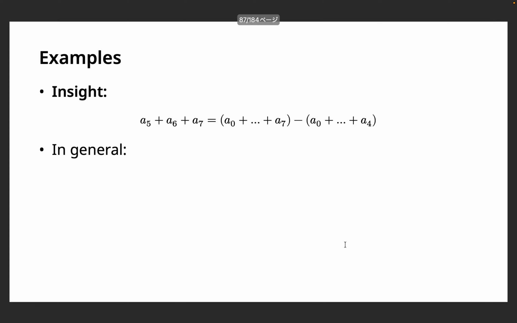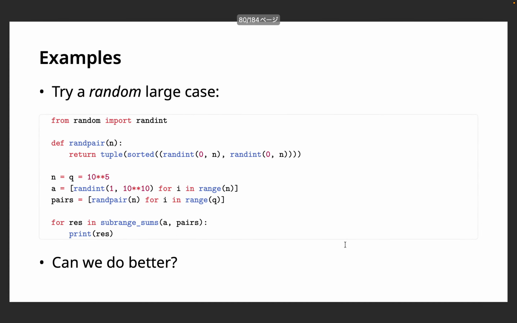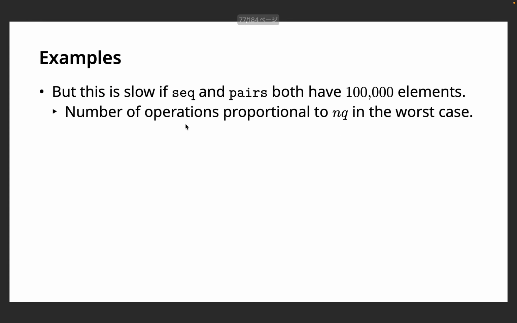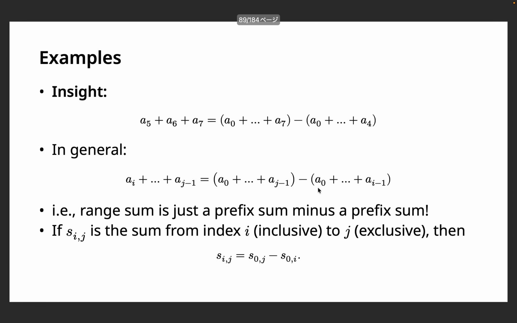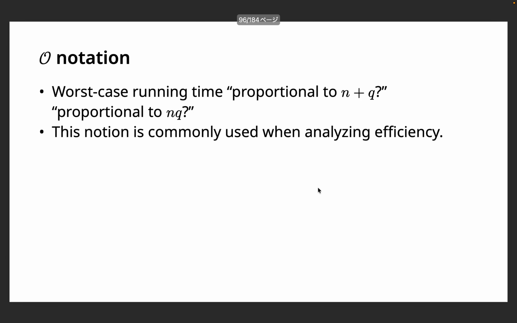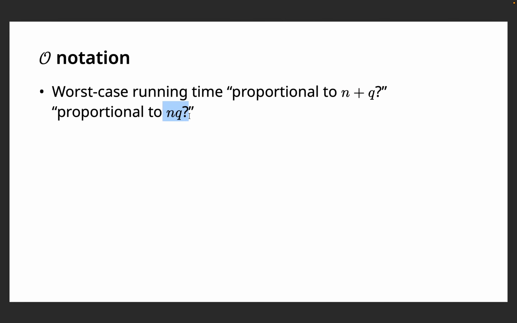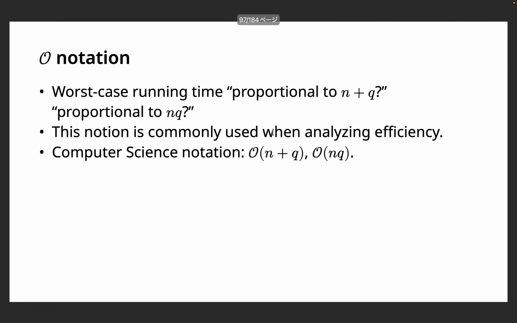And the earlier brute force example over here, the number of operations for that one is proportional to n times q. But what are these proportional to things over here? When we say that the runtime is proportional to n plus q or n times q, what we're really saying is that as n and q grow, the runtime of our algorithm is approximately equal to these functions over here.